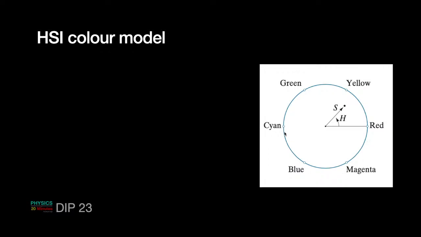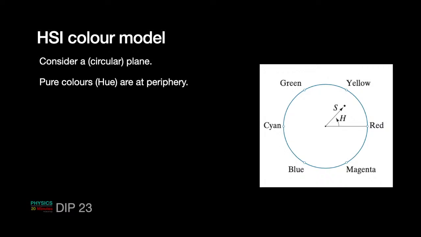Again, the logic remains the same. The direction represents hue or color. The distance from the center represents how bright or how less bright, how much is the saturation. And the plane in which this circle is drawn will give you the intensity.